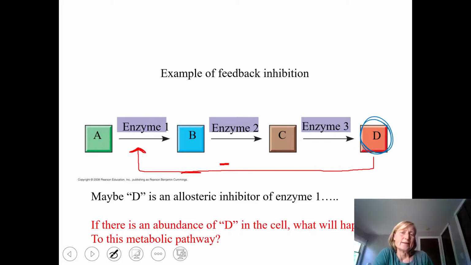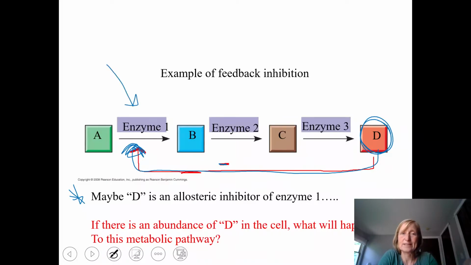Now, in an example of feedback inhibition, the product D, the molecule D, can feed back on enzyme 1 in this pathway, and feed back in a negative way. Maybe D is an allosteric inhibitor of enzyme 1. Okay? So if there's a lot of D around, what's going to happen to enzyme 1?